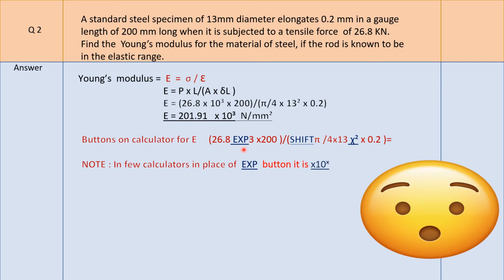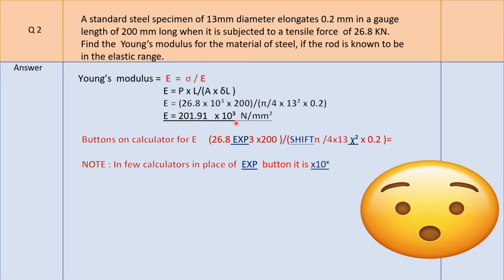So 26.8 exponential 3 into 200 bracket close, divided by bracket open shift pi divided by 4 into 13, then press the button x square, into 0.2 bracket close, is equal to.